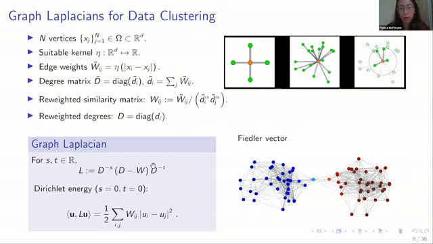And so then the graph Laplacian is just a matrix, which is the degree matrix minus the weight matrix, the unnormalized graph Laplacian. And then you can again reweight or renormalize with powers of the degree matrix. So here you have basically three parameters that come in: the S, the T, and the alpha, that I will comment on later.